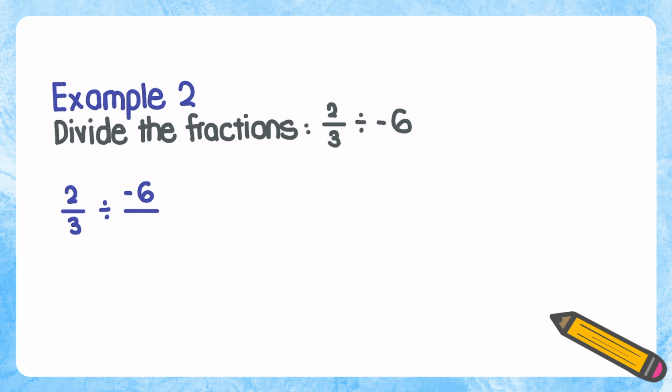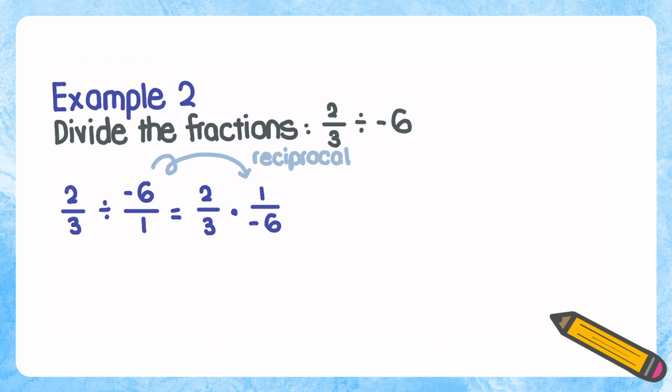Here I just turned that whole number into a fraction. Next, I'll take the reciprocal. So we'll have 2 over 3 times 1 over negative 6. I took the reciprocal, and now we're multiplying instead of dividing.